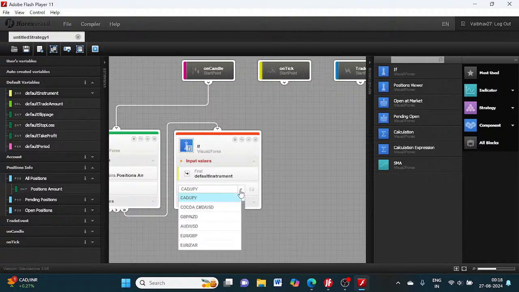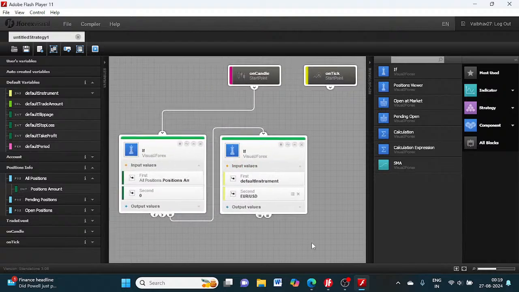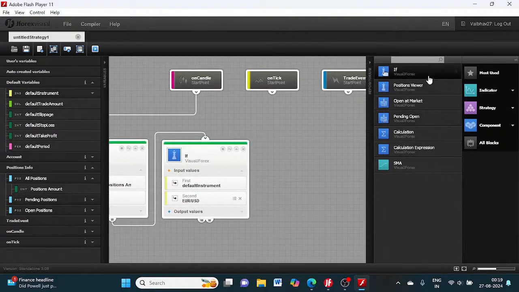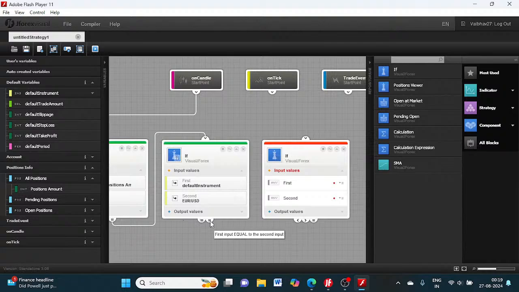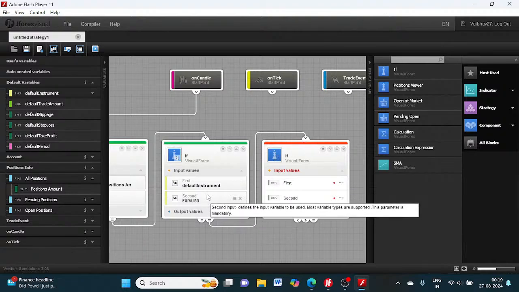It can be anything. Now you are going to work with the Euro USD to keep matters simple. Let me find where the Euro USD is, else we can do a simple search, and here it comes. Alright. Now we add another condition. Okay, the default instrument needs to be Euro USD.